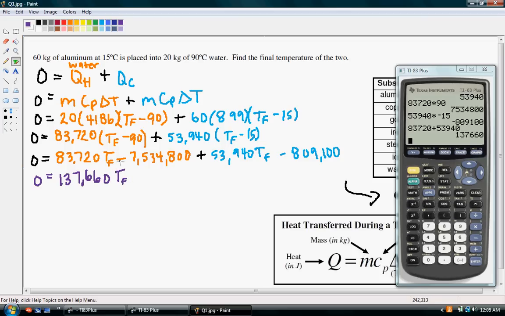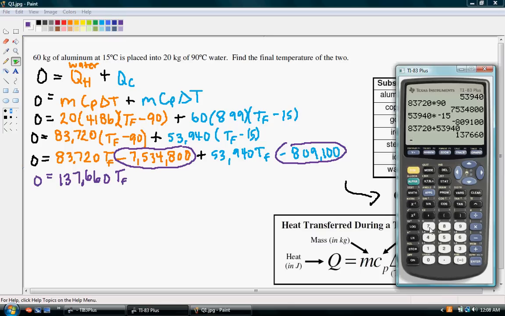Alright, now we have these two other numbers left, this minus 7 million and this minus 809,000. Alright, so we are going to add those two together. Keep in mind these have negatives in front of them, so it is a negative 7,534,800 plus a negative 809,100.